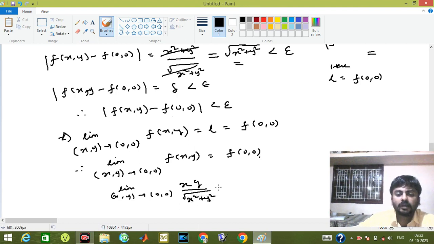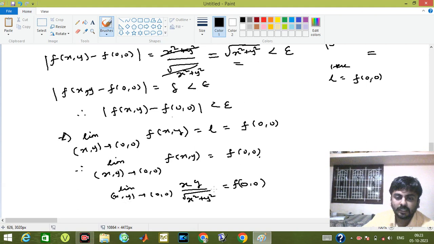On substituting 0 comma 0, you will get 0, and f of that is equal to f of 0 comma 0. Therefore the given function is continuous.